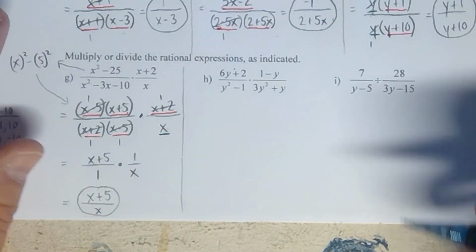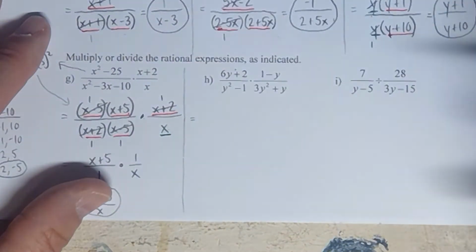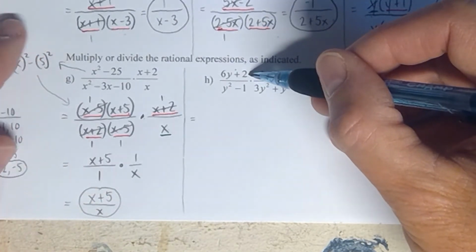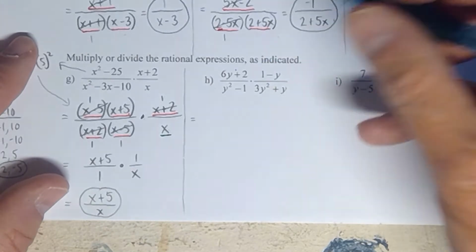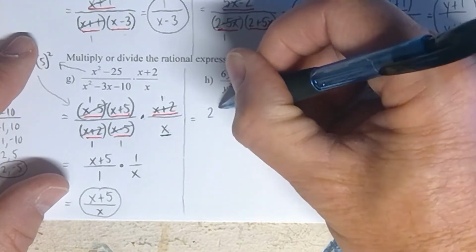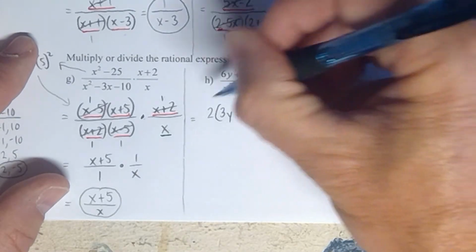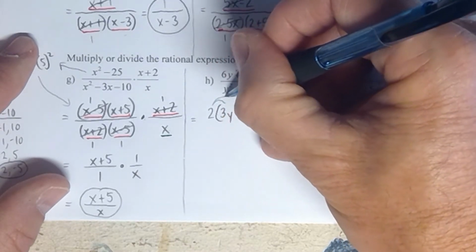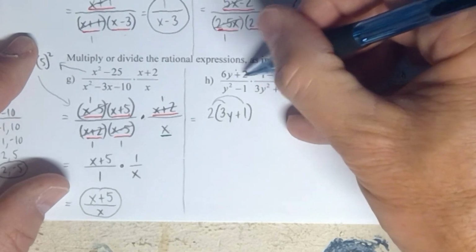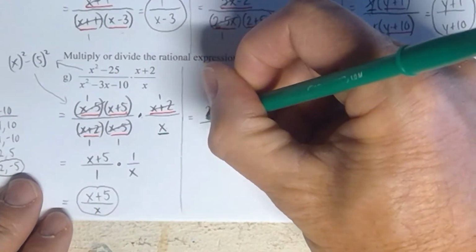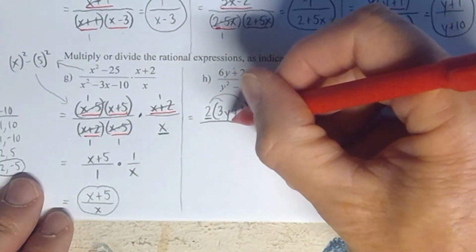Let's do that again here. What do we have here? We have a GCF on this one. We have 2, and then factoring out the 2, we get 3y plus 1. Just checking my answer: 2 times 3y, 2 times 1, it's equal to those two terms right there. So we get green and red.